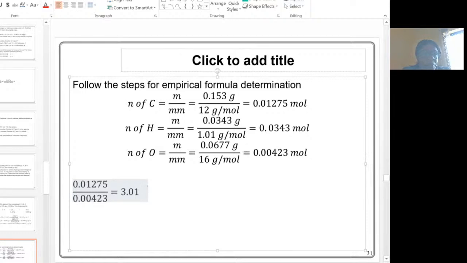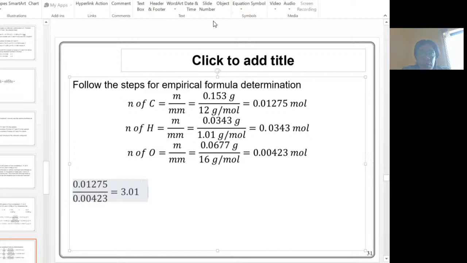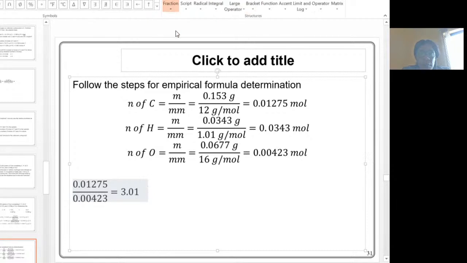So for hydrogen, it will be 0.0343 over the smaller number of moles, which is 0.00423, and that will give us 0.0343 divided by 0.00423.